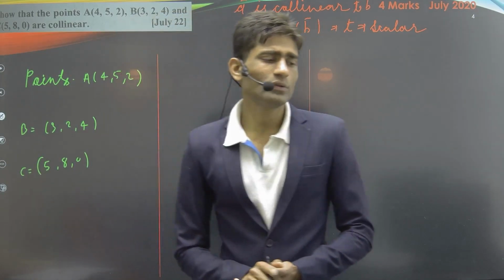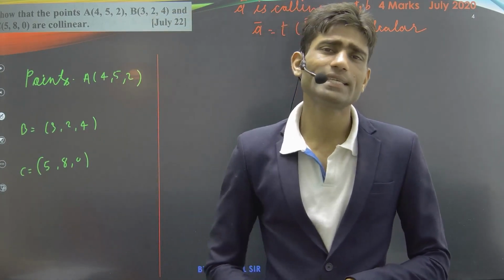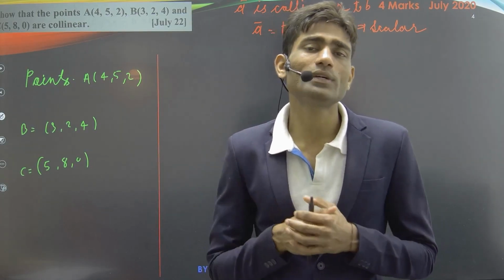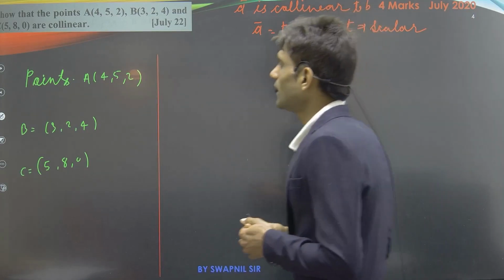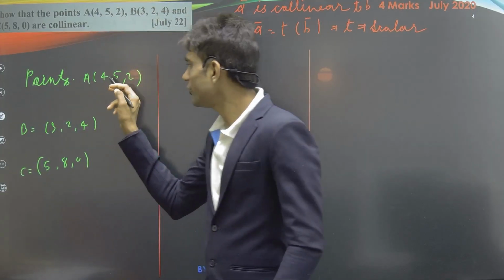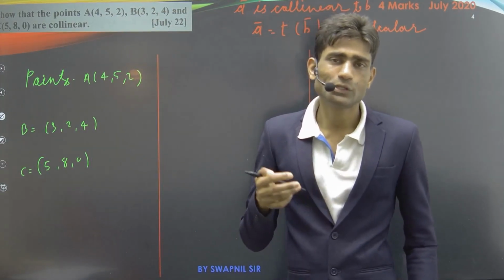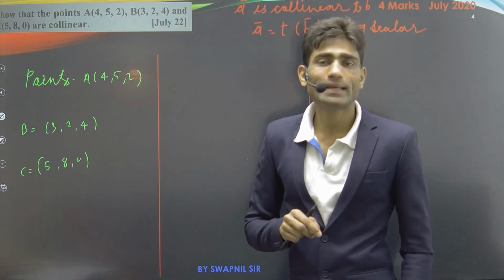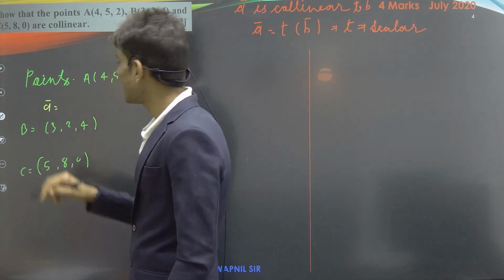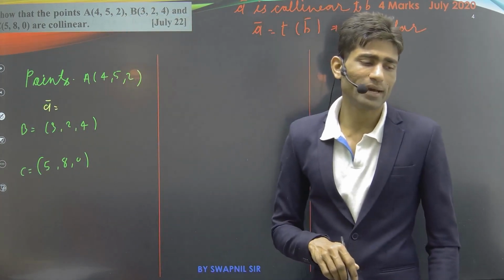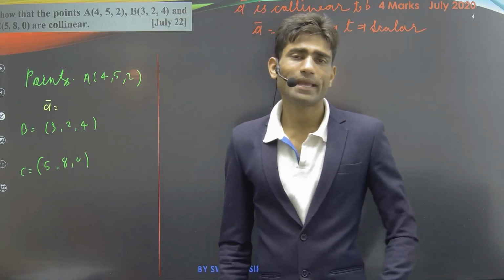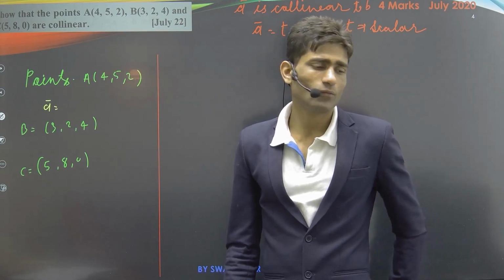That means if three vertices are given, every vertex has one single position vector. A (4, 5, 2) is a single vertex, so in place of the vertex we have a position vector. Consider that position vector as small a bar, and write it in the form of i cap, j cap, k cap, which is the standard form for writing position vectors.